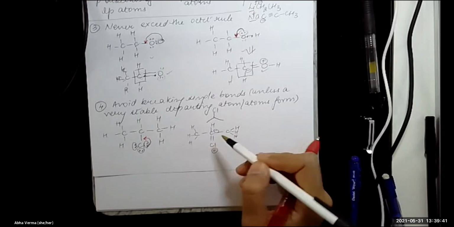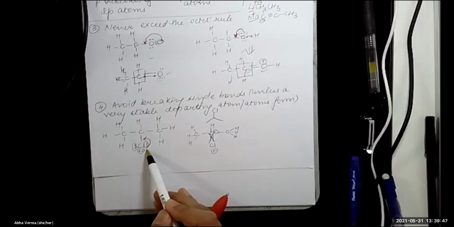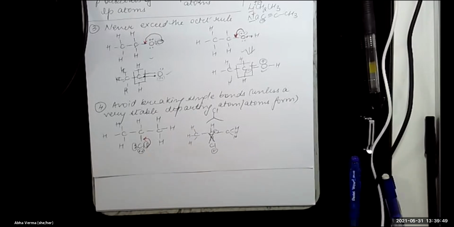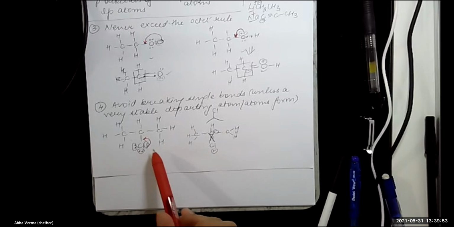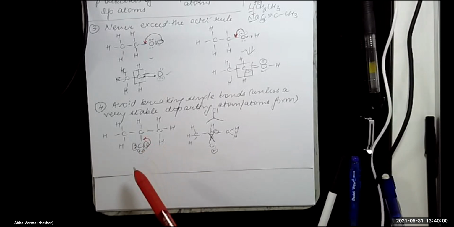No. And can carbon have 5 bonds? No. So these lone pairs can never delocalize just because of this reason, because they are going to just create violated octets.